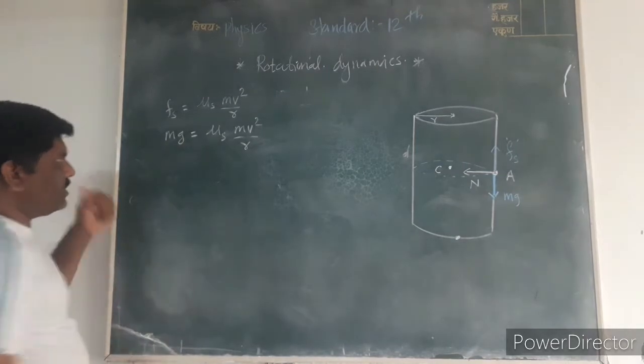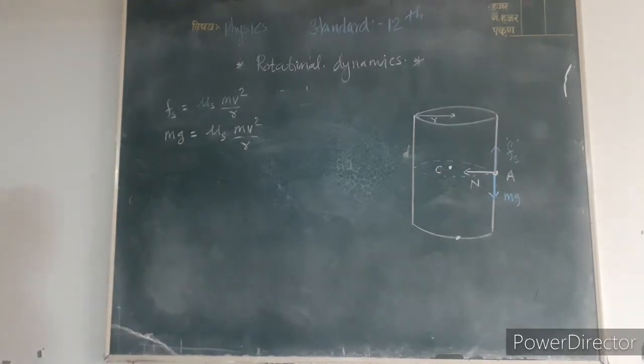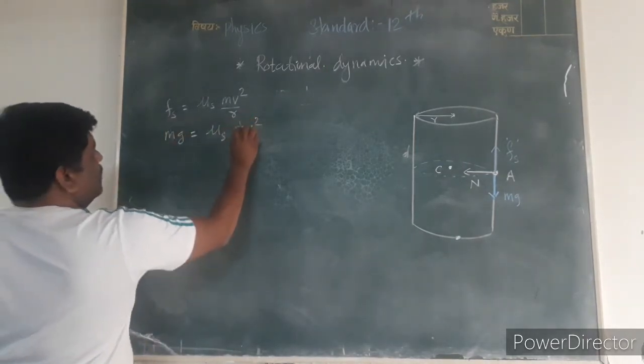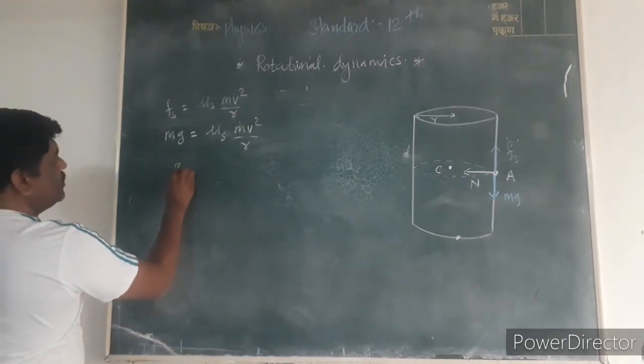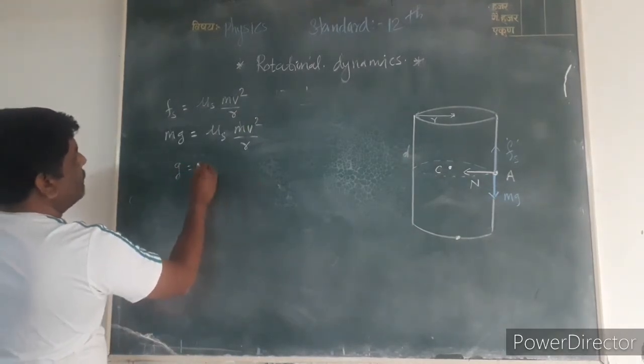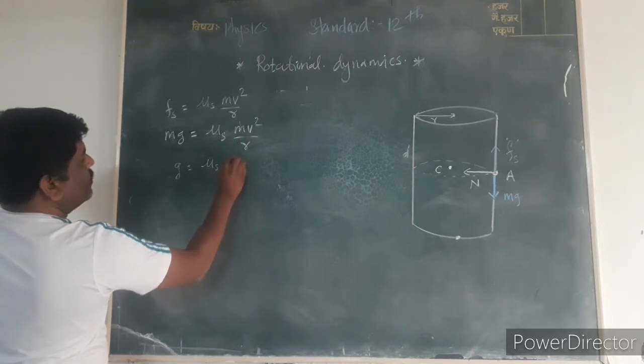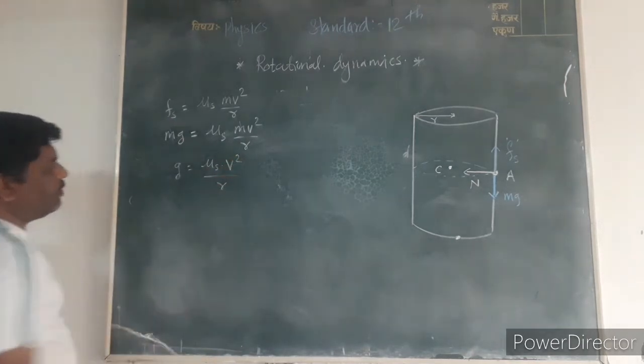The m is the mass of vehicle, which cancels on both sides. Therefore g is equal to mu s v square upon r.